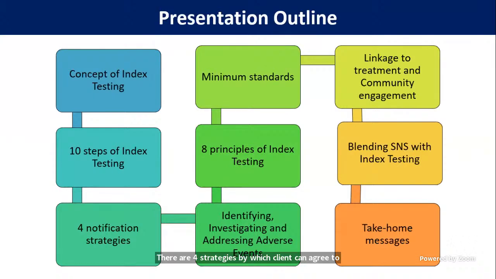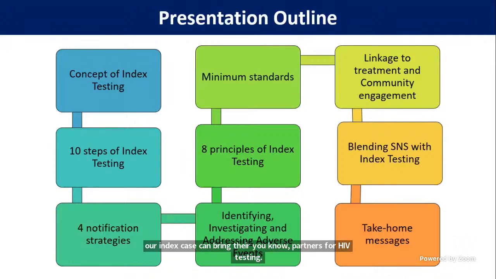I'm refraining from using the term notification. When we say notification, people think of it differently, but it's not actual notification. It's basically 4 different strategies by which our index case can bring their partners for HIV testing.